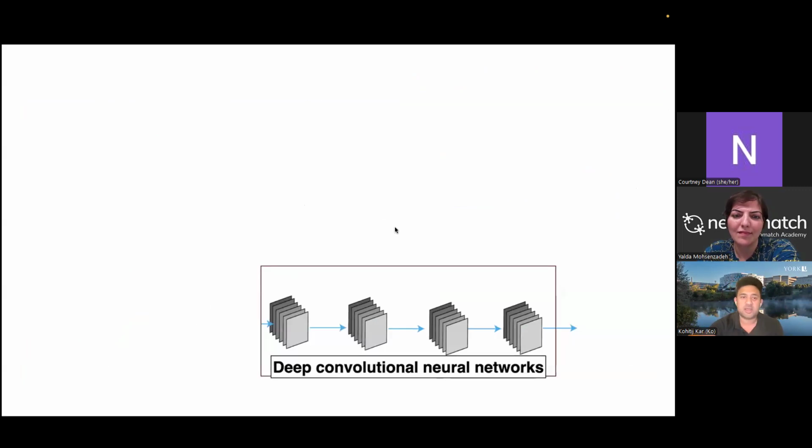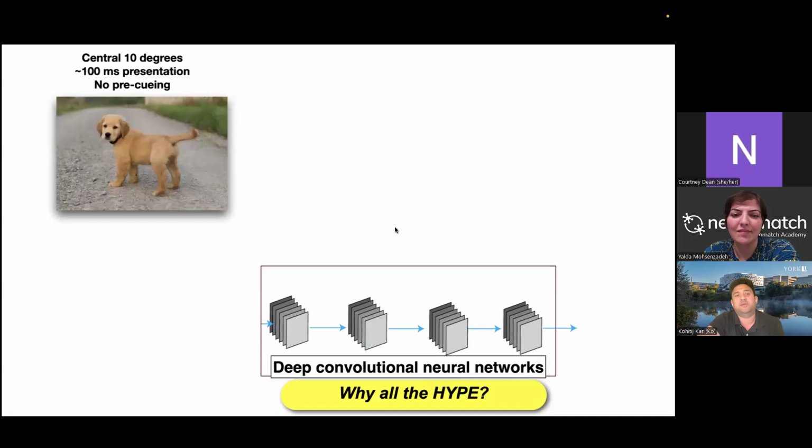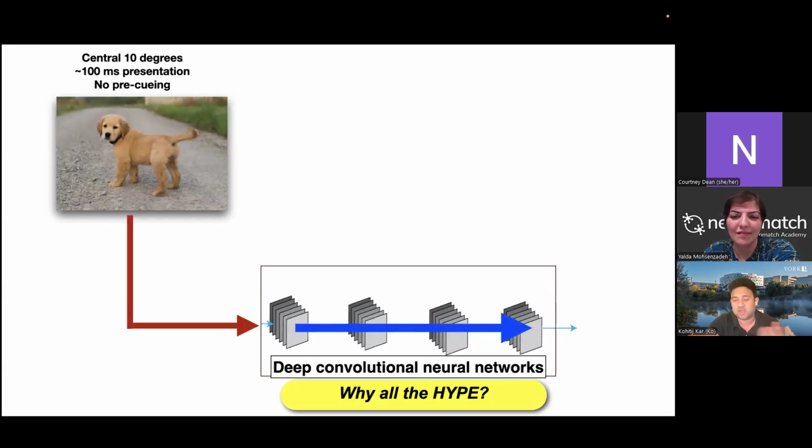But first, maybe I'm just reiterating things that you have heard during the course, but it doesn't hurt to reiterate the point: why all the hype? The main reason for the hype is that for the first time, around 2012, 2013, there were models that were very accurate in solving this problem that, on the surface, looks very simple to us: you see a dog like this, you transform this information through your brain, and you call it a dog.